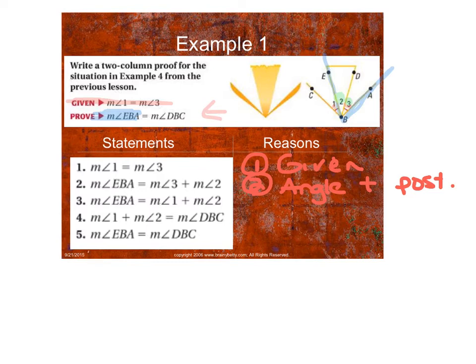Good. They used the substitution property because back in our given, 1 and 3 are equal. So they decided to take out this 3 and replace it with angle 1. So this would be the substitution property.